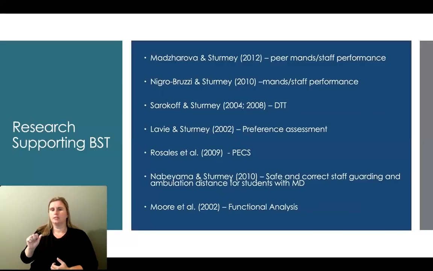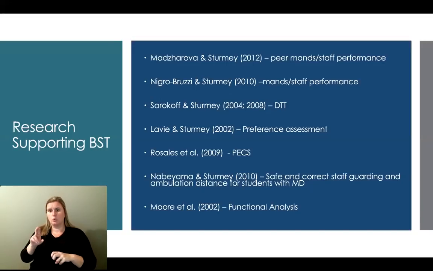Zirikov and Sturmy, in both of their studies, implemented behavioral skills training to establish discrete trial instruction procedures with teachers and peer educators. Lavi and Sturmy implemented behavioral skills training to train support staff on the delivery of preference assessment.